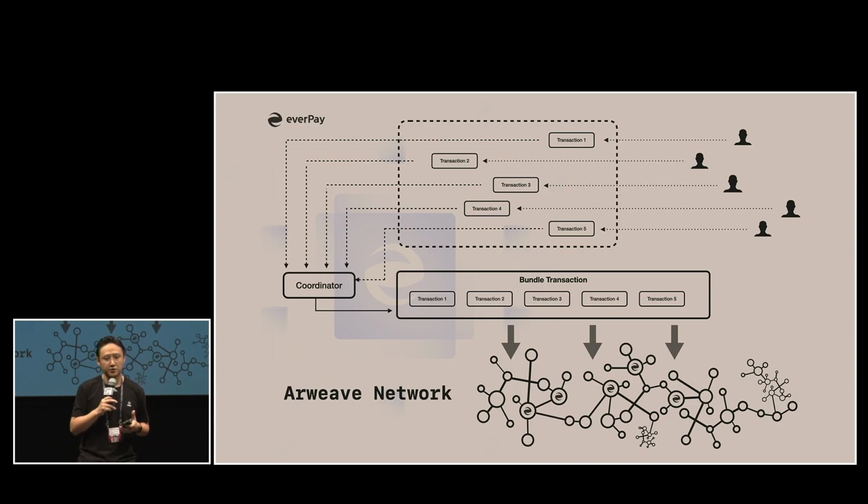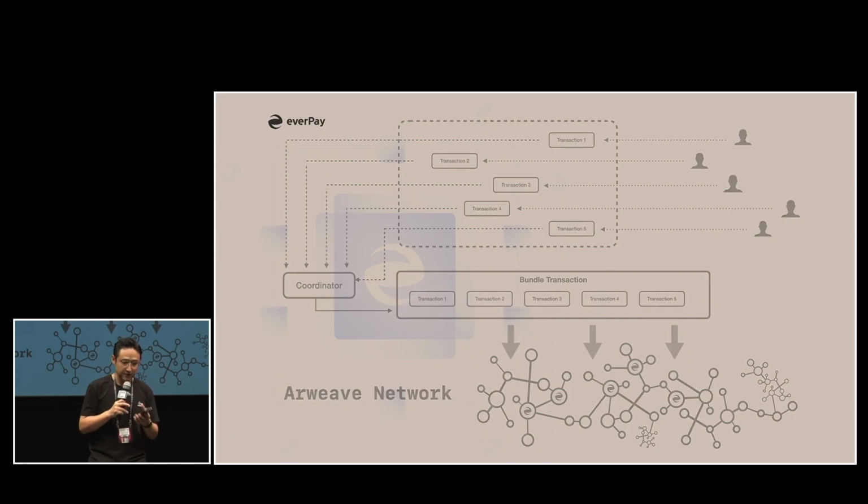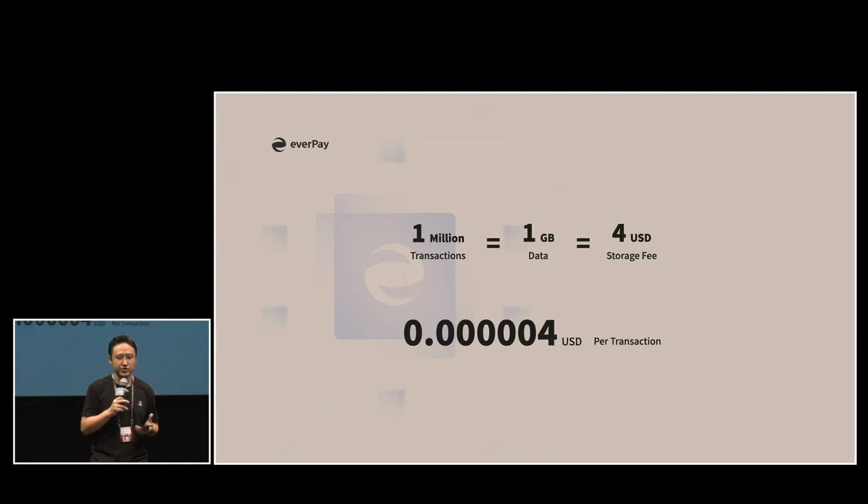So there is no gas fee concept, and right now the average cost per transaction is 0.04 US dollars. It's pretty cheap and close to zero, right? So thanks to Arweave's infinite scalability, we've solved performance and gas fee issues.